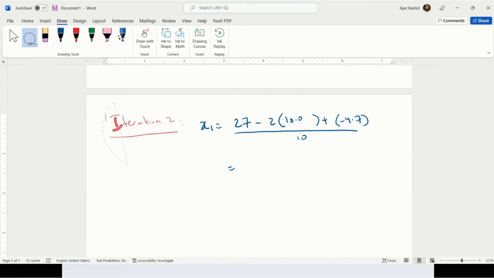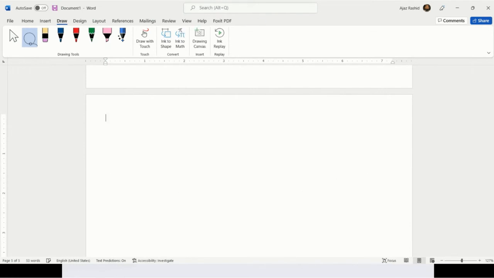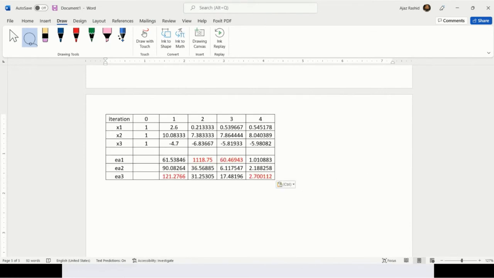Or no need for all this, since we found it using Excel, so we can just put the values here. So those are the values, and we stop.